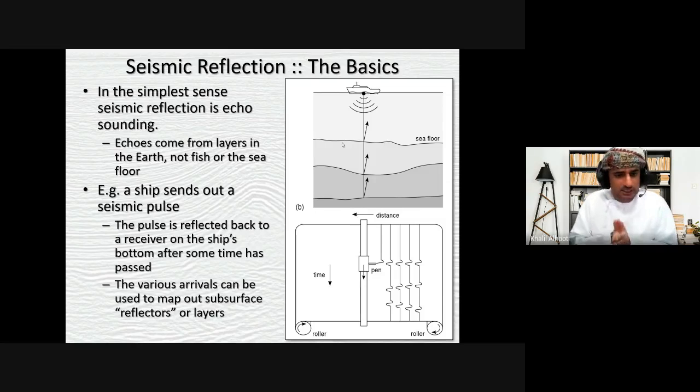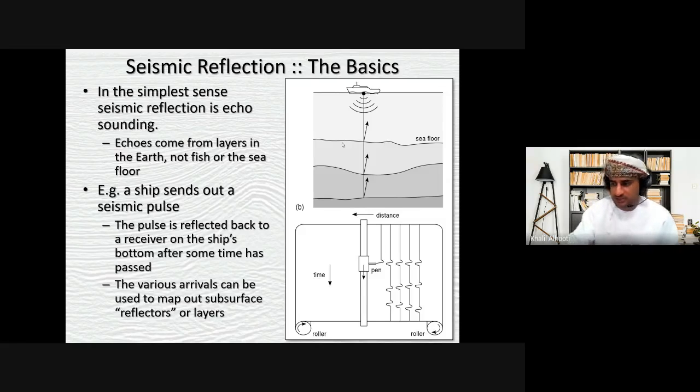Transmission is similar to refraction, but not to critical refraction. Critical refraction happens only at the critical angle, and that critically refracted energy is the one we need for the seismic refraction technique.